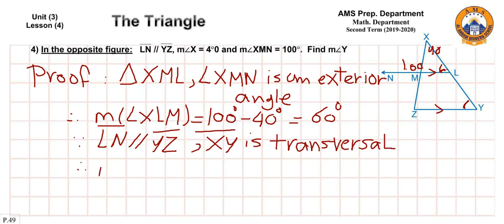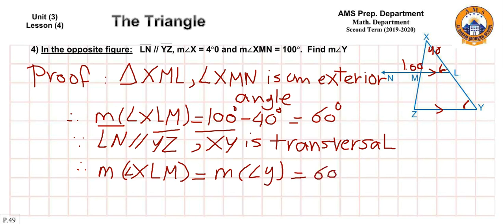Therefore, the measure of angle XLM equals the measure of angle Y equals 60 degrees, and we have to mention that they are corresponding angles, and this is our required.